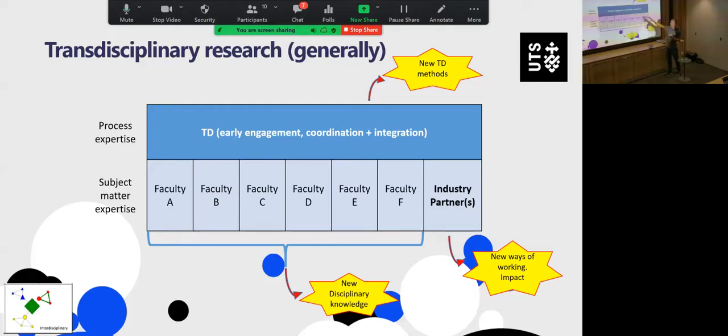Can we coordinate other industry partners who are interested, bring them into a common space, and get the team to do the research while we study the process of the research? That way we push the frontier on transdisciplinary research methods. Academics can push their disciplinary knowledge, and industry partners walk away with their new ways of working.